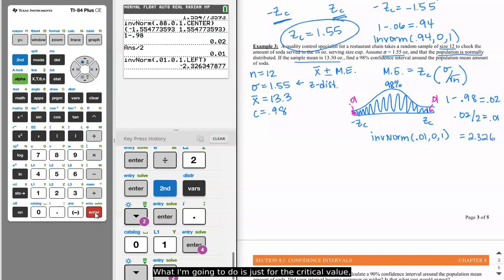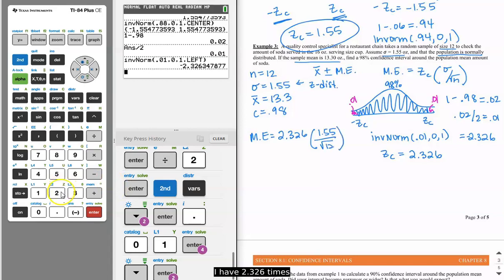For the critical value, I could recalculate it, but I know it's going to be the same thing, just a different sign. We're actually going to use the positive critical value when we figure out the margin of error. So we'll use that 2.326. Okay, so my margin of error is 2.326 times the standard deviation, 1.55, divided by the square root of 12.